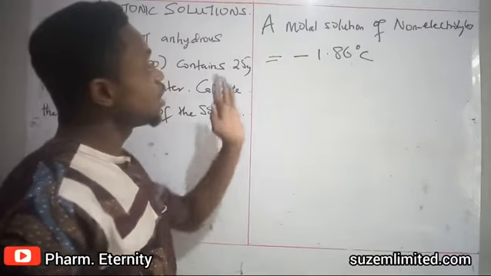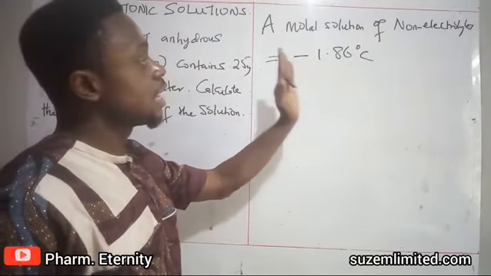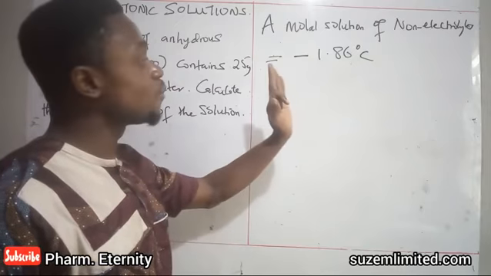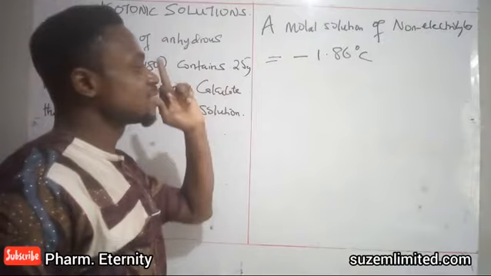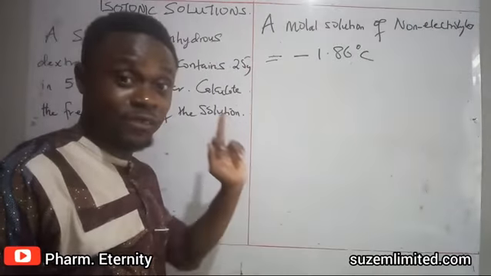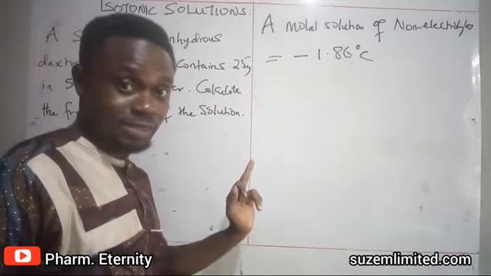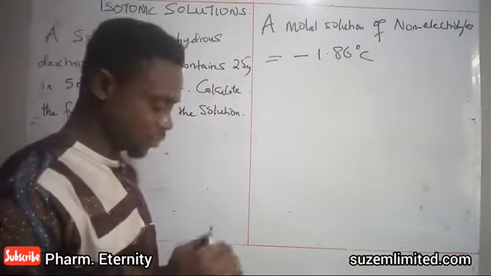Generally, a molar solution of a substance has a freezing point of minus 1.86 times the dissociation factor of the solution.